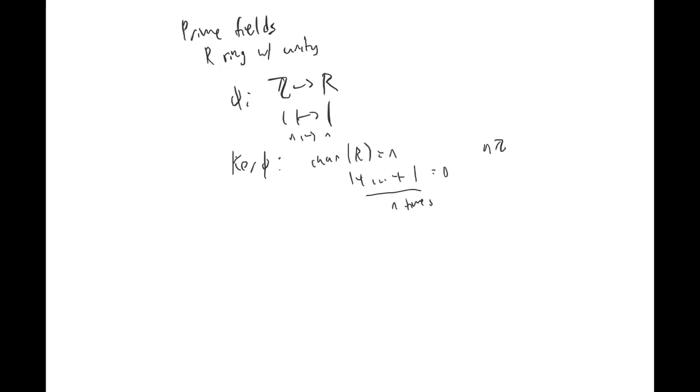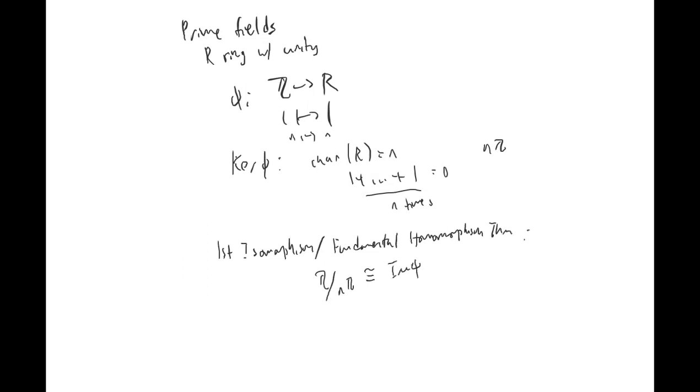So you see here, by the first isomorphism theorem, or I think the book calls it the fundamental homomorphism theorem, Z quotient kernel, which is nZ, is isomorphic to the image of phi.